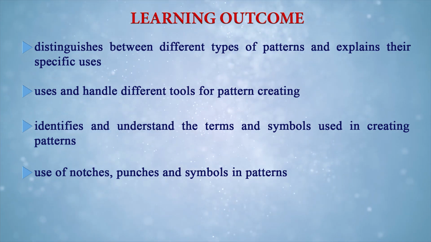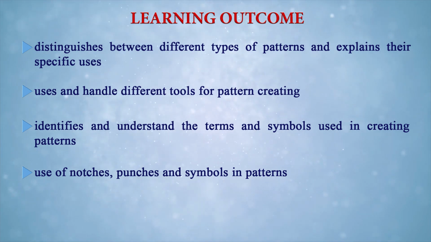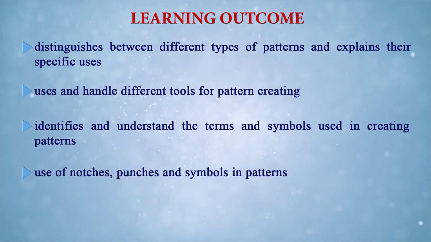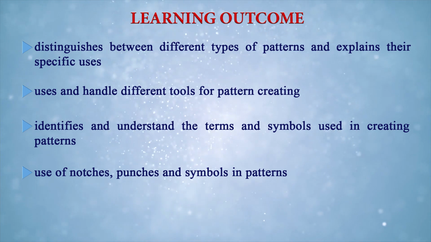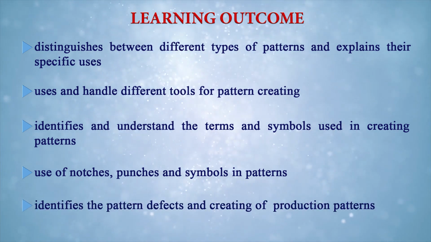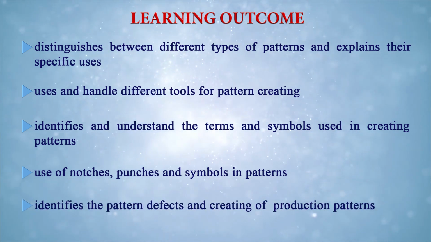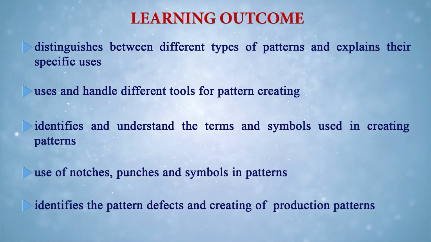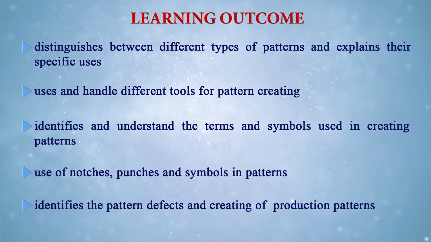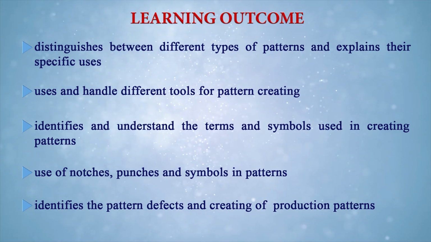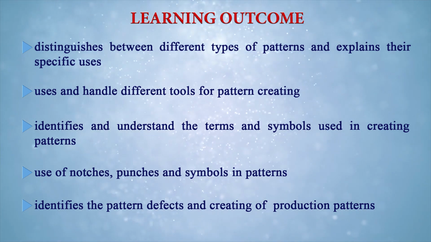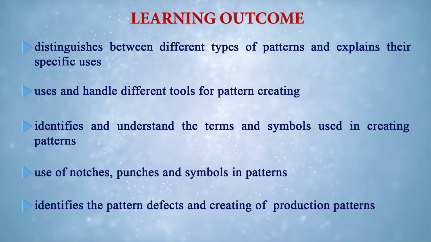We have discussed notches earlier also. What is the importance and use of notches, punches and symbols on a pattern? Then you can identify pattern defects and create the production pattern. You can identify what defects are there and how you can correct them. So this is the broad learning outcome, what you will gain and understand after doing this activity.